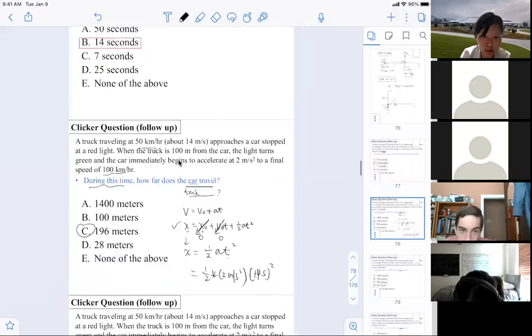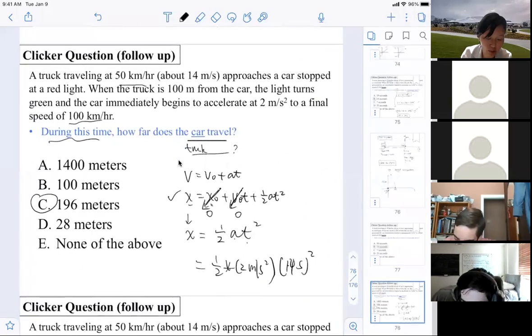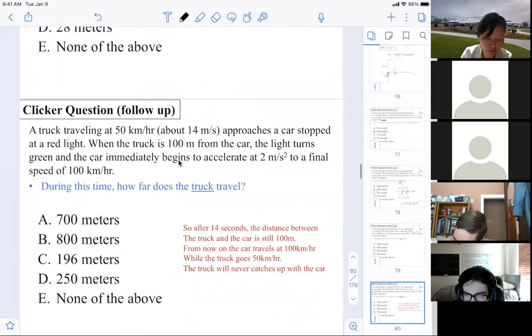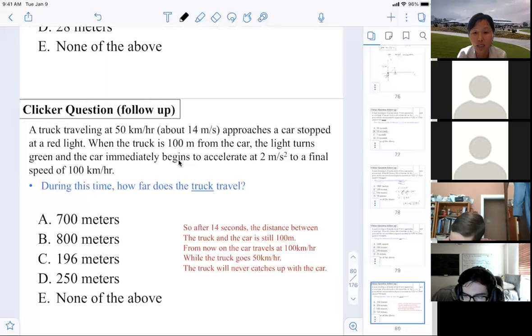So the next question is, how far does the truck travel during the same amount of time? The physics of the truck is a constant velocity, so you will use v equals v naught and x equals x naught plus v naught times t. These two equations are for constant velocity.